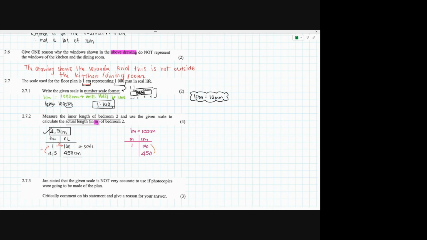So I'm going to divide up 450 divided by 100, and then times that answer by 1. 450 divided by 100 is 4.5. So the inner length of bedroom 2 is 4.5 meters. Right, and again, this is why this little table trick method is so useful.